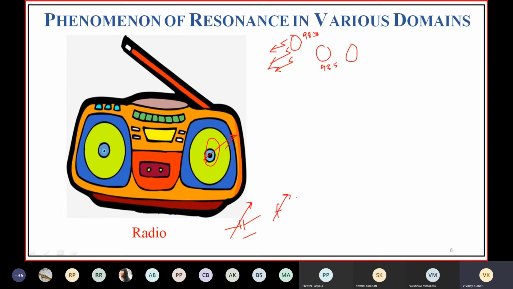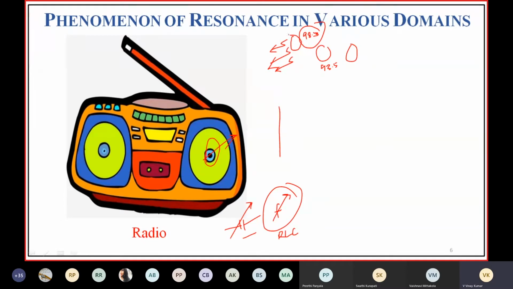If the frequency of the RLC circuit matches the frequency of electromagnetic waves transmitted by one particular station, then resonance occurs, so that you can tune into a particular station.